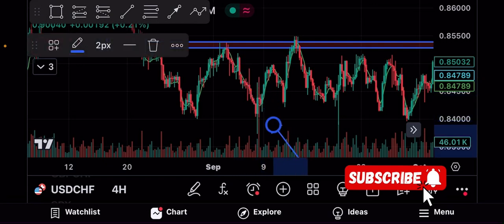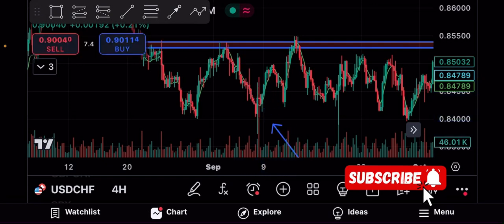What you are looking for is how many times the price has reached the resistance level before you can identify whether it is going downward. The more times the resistance level gets tested, the stronger it becomes in order for price to move downward.